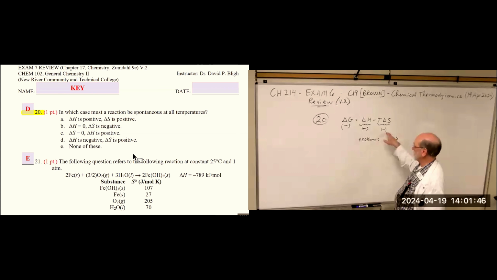If one of them is positive, then the temperature influences the balance between the two. But if they're both negative, then that's always negative, and that occurs when this is positive times a negative, and this is negative. So exothermic and delta S is positive.